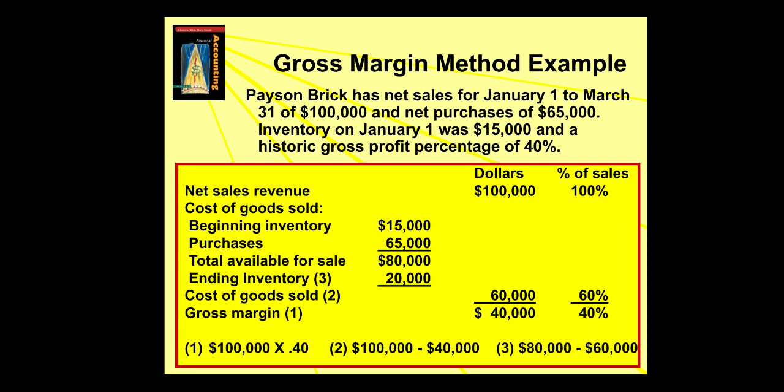The principle of conservatism says you cannot overstate assets and profit. Inventory is an asset, so you cannot overstate it. You have to report inventory at the lowest between cost and net realizable value.